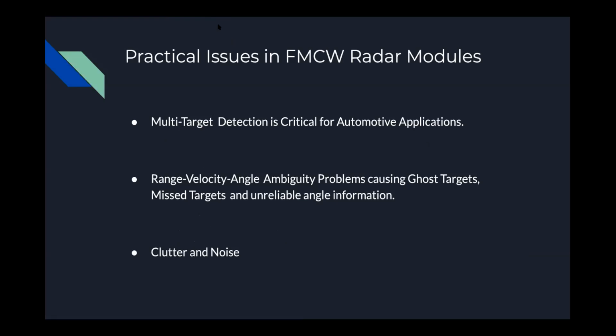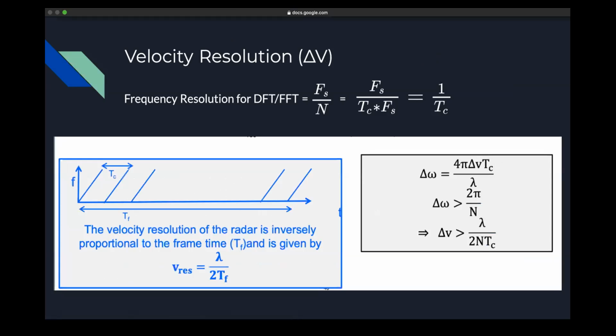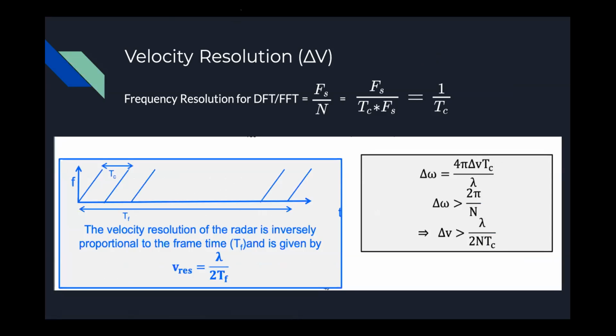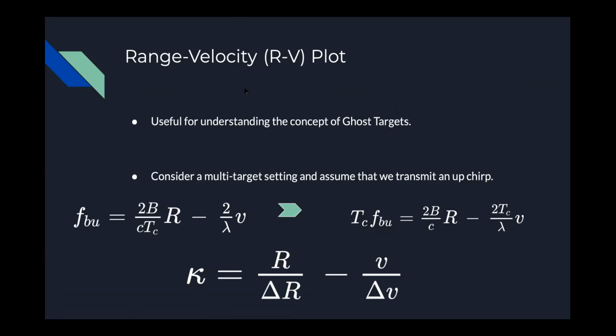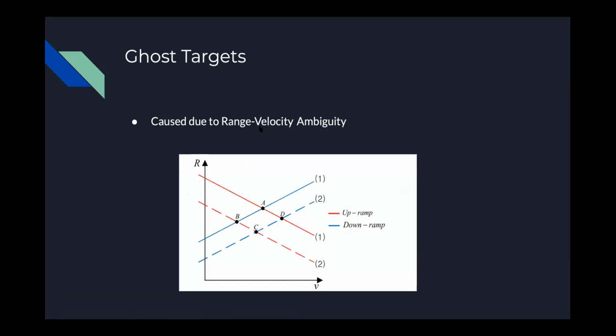These are some of the issues like clutter, noise and ambiguity problems for multi-target detection. These are range and velocity resolution and how to calculate them. And this is for explaining ghost targets and range velocity plots.